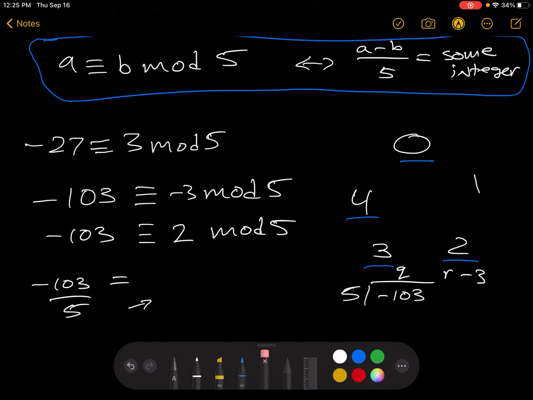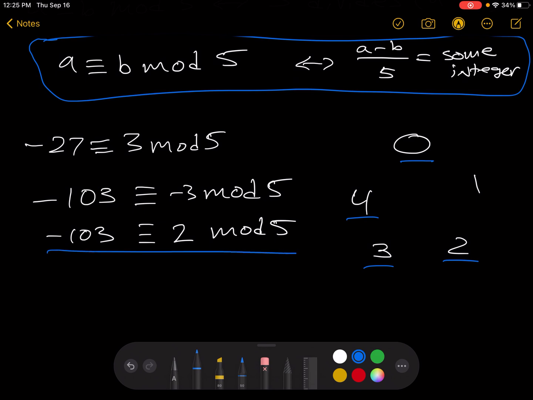Now, maybe you're not entirely sure that your answer is correct. Well, that's okay, because we have a way to check. The way to check is with the blue circled equivalents above. Remember, this is going to be true if and only if negative 103 minus 2 over 5 equals some integer.